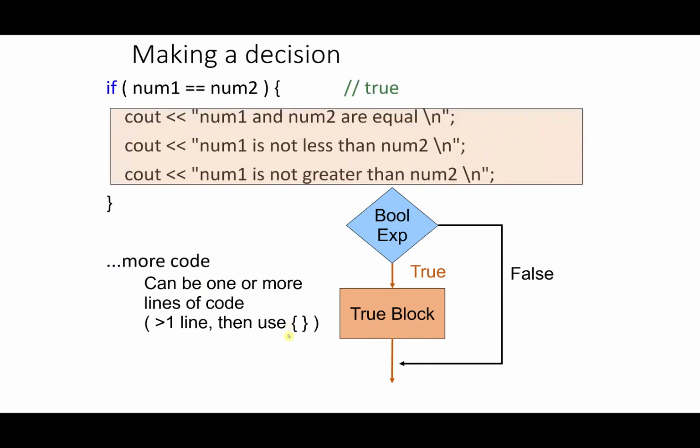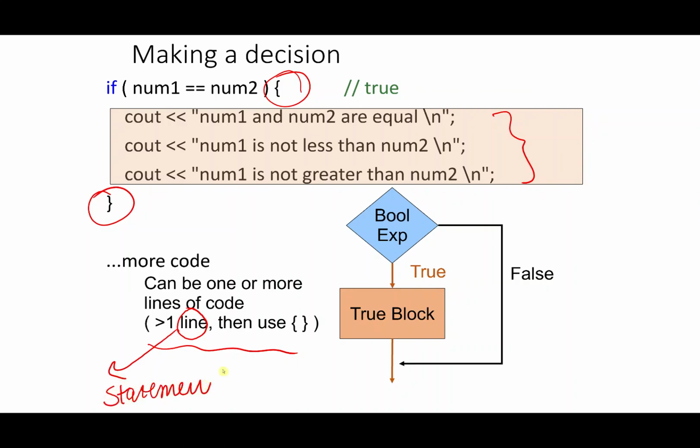So, if we have multiple lines, you always have to have those. This is what's in here. If you have more than one line, and to be more accurate, more than one statement, because this word line is misleading a little bit.